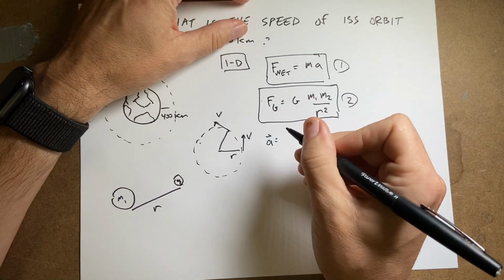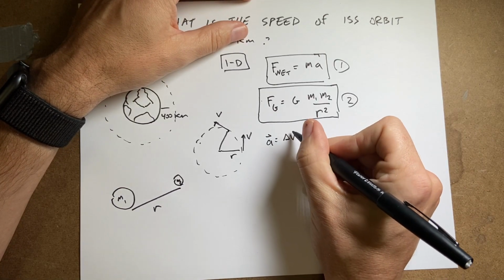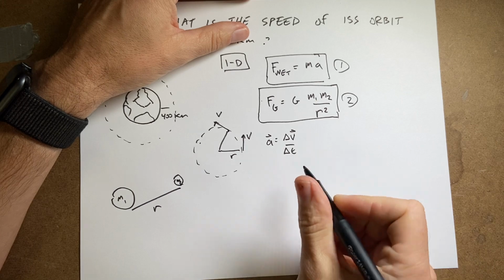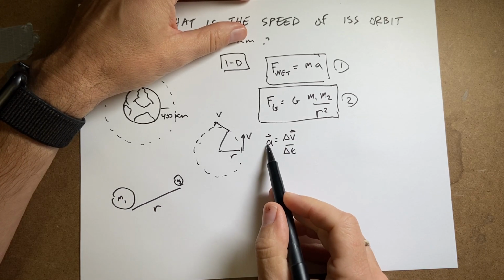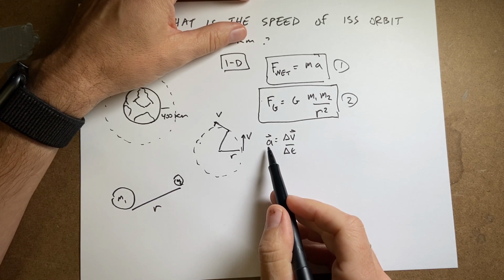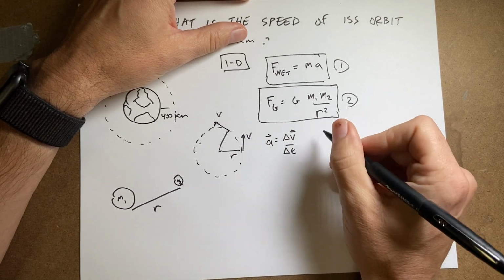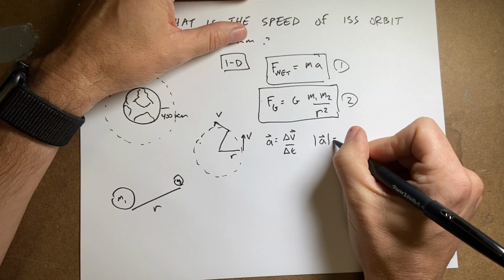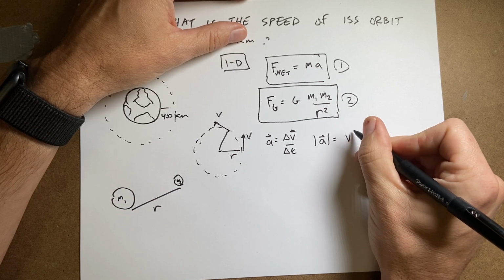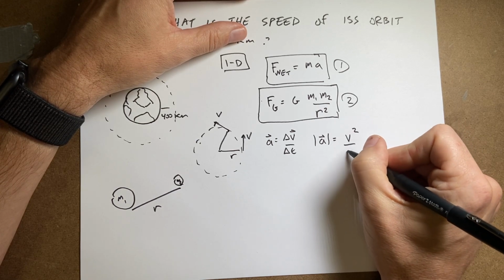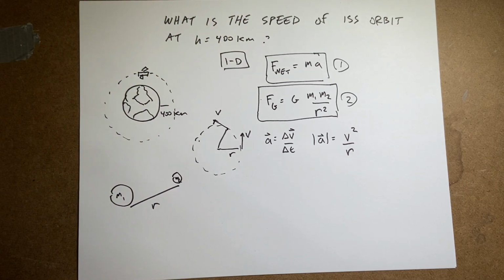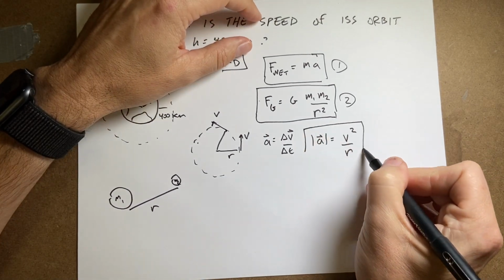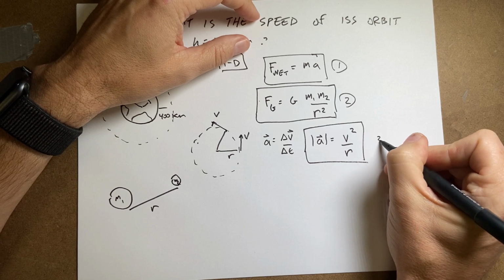I'm a liar. That's fine. It's going to be the change in velocity over the change in time. So even though the magnitude of this doesn't change, it still has a change in velocity. And so the magnitude of this acceleration for an object moving in a circle is going to be equal to the magnitude of the velocity squared divided by the radius of that circle. That's big idea number three.